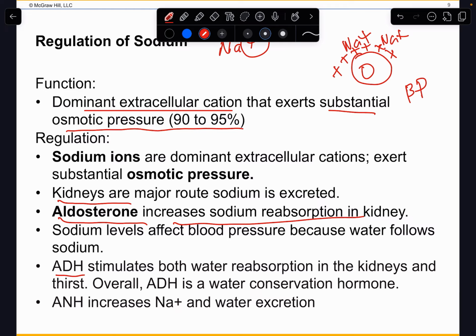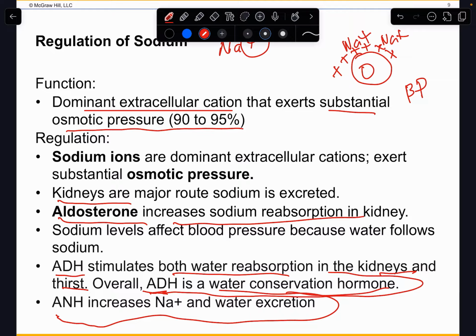ADH stimulates both water reabsorption in the kidney and thirst. ADH is, think about antidiuretic hormone, against dehydration. Thus conservation of water, and sodium excretion if you have too much sodium in our system.